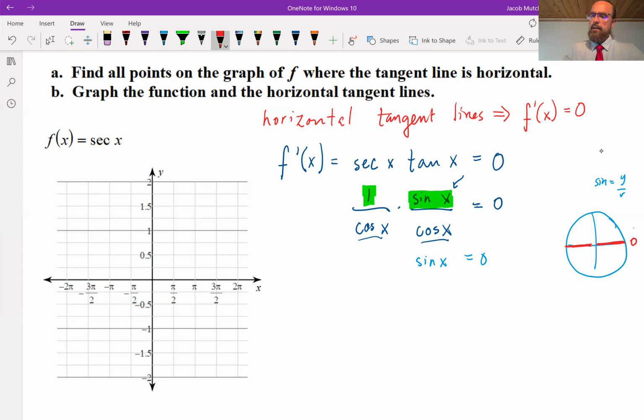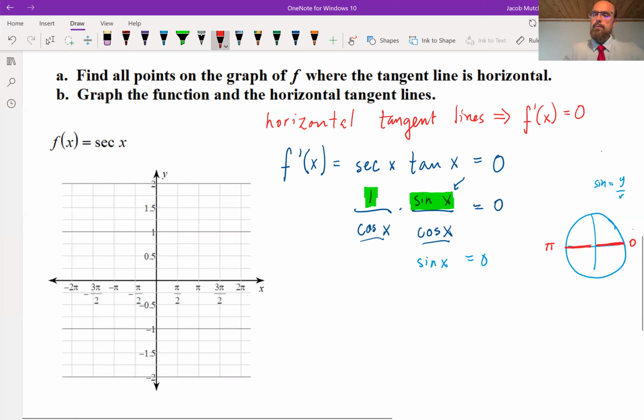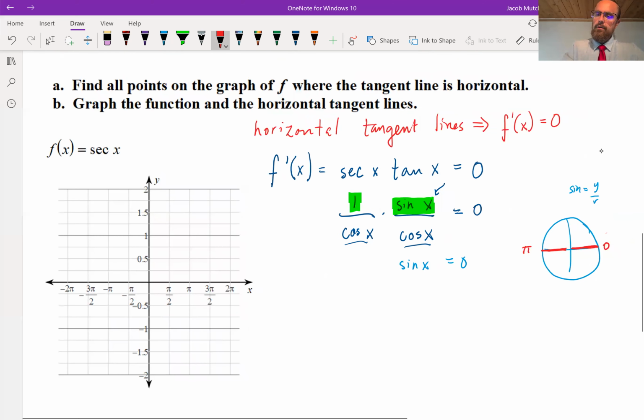And then it cycles around. So not just at 0 and pi, but if I went back to 0 but had gone a full circle, that's 2 pi. If I go back over to pi, that's 3 pi. And so forth, 4 pi.